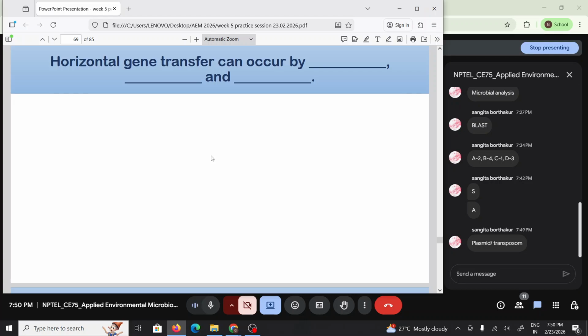What are the three modes by which horizontal gene transfer can occur? So now we have seen that the gene transfer from one organism to another, which is not an offspring of, is called horizontal gene transfer. And typically plasmids, transposons, all of these can get transferred. So these two we have seen.